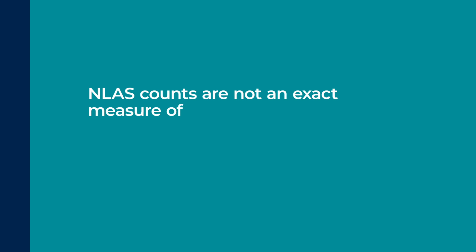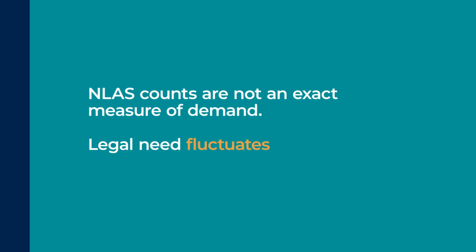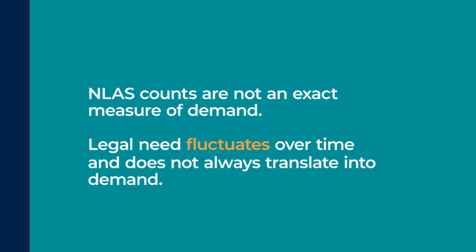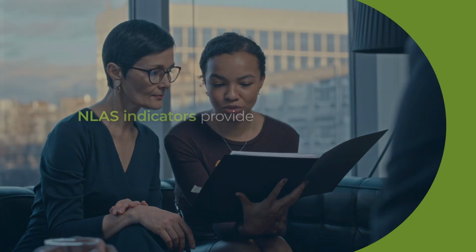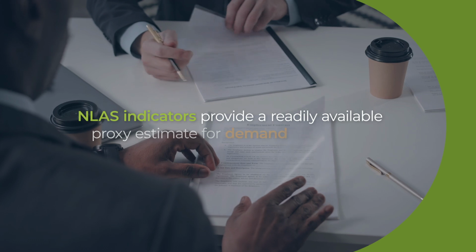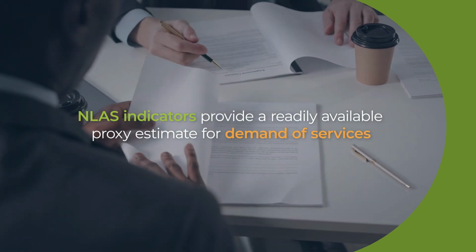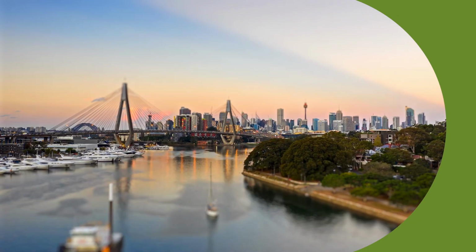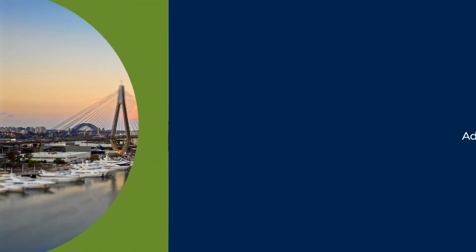In practice, of course, the NLAS counts are not an exact measure of demand. Legal need fluctuates over time and does not necessarily translate into demand for services. However, NLAS indicators provide a readily available proxy estimate for demand of services that is comparable across all Australian geographic areas.